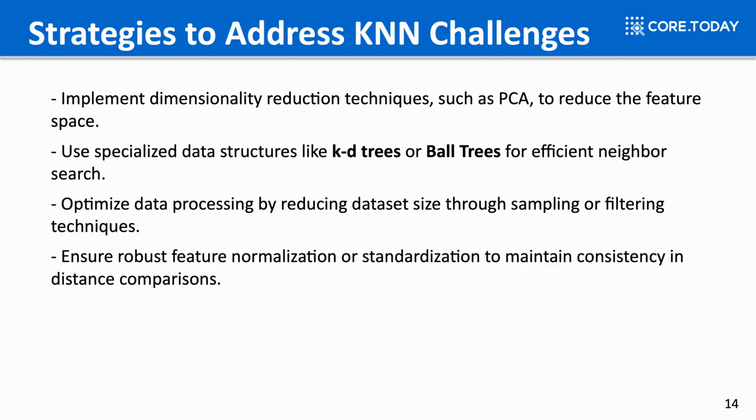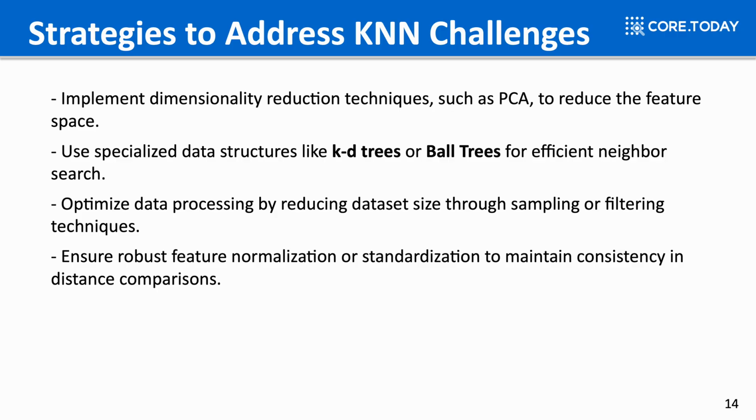Although KNN has its challenges, there are well-established strategies for improving its performance. Reducing the dataset's complexity with dimensionality reduction methods like PCA can make the algorithm faster while maintaining accuracy. Additionally, using advanced data structures like KD trees or ball trees helps speed up the neighbor search process, especially in moderate dimensional data scenarios.